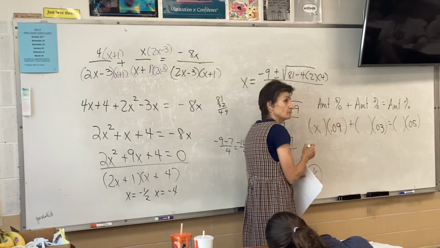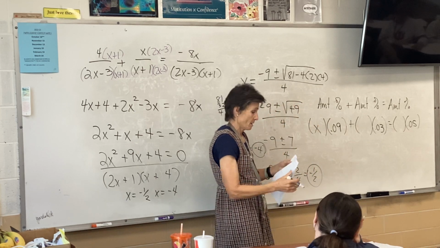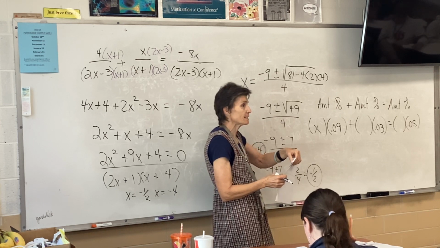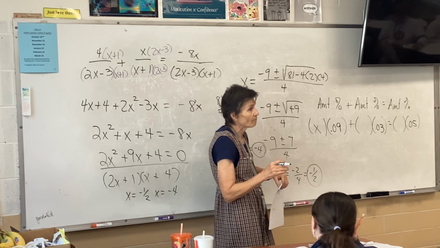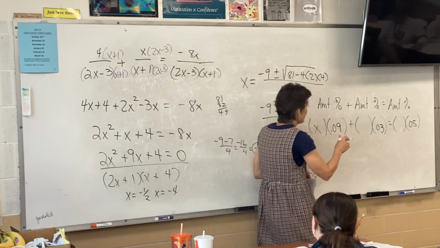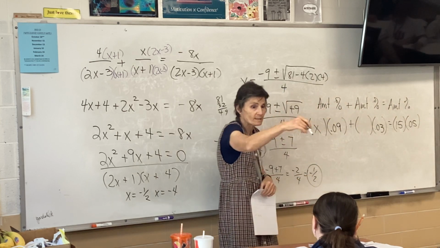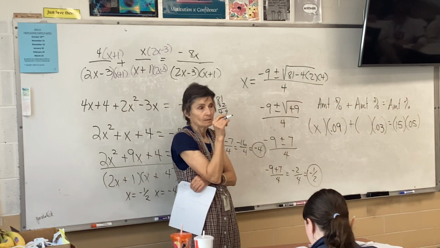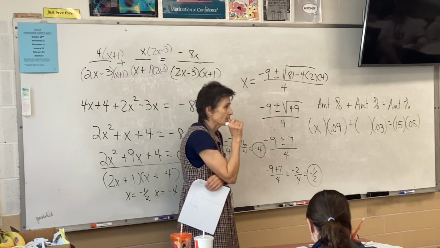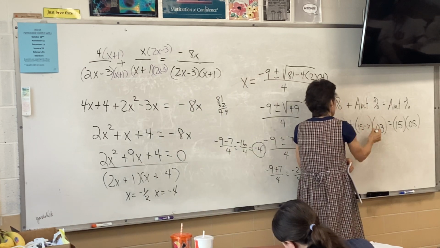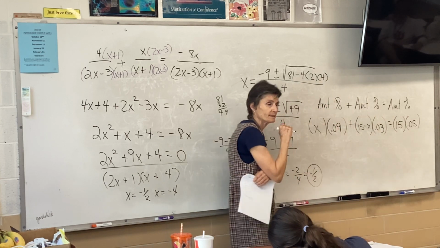How much must be mixed with a 3% to get 15 gallons of 5%? So the 15 goes here, kids. It goes with the one that's within the sentence. So what's this one? 15 minus x. Very, very good.